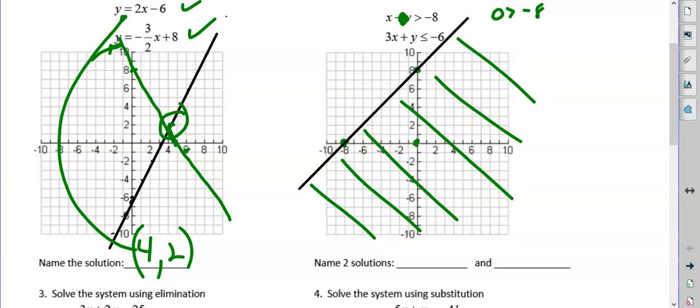Okay. Now for the next one, I'm going to do the cover-up method again because 3 and 1 both go into 6. So y is -6. Okay. And if I cover up this, divide by 3, x is -2.